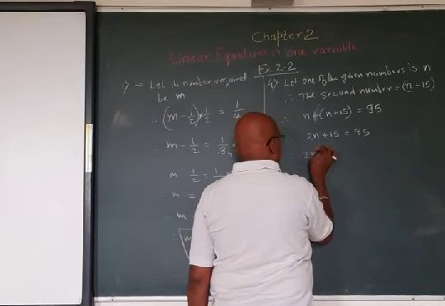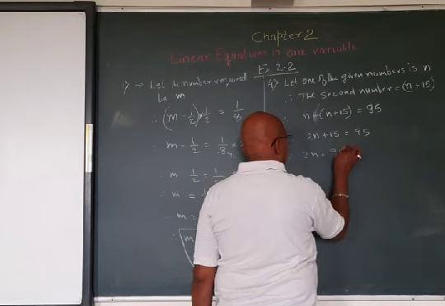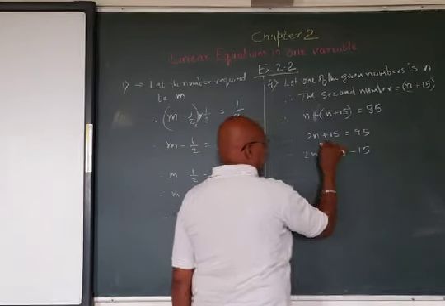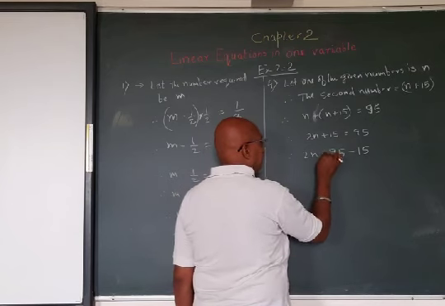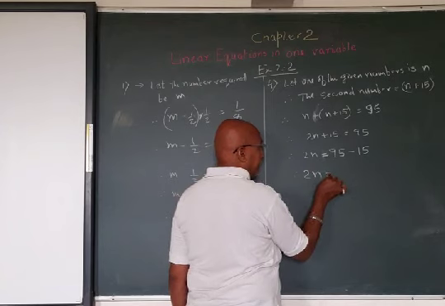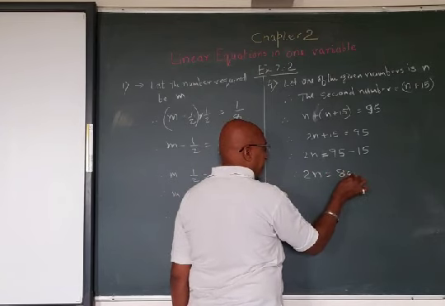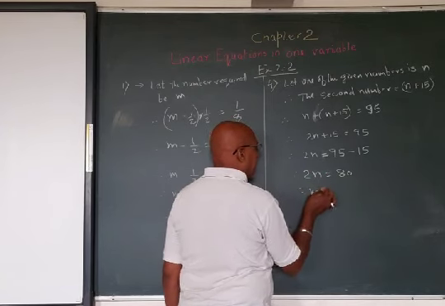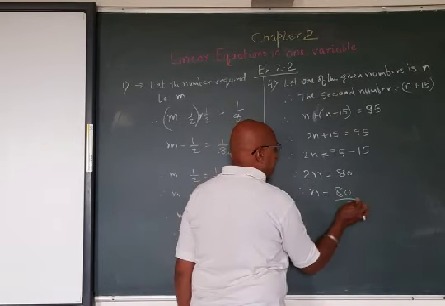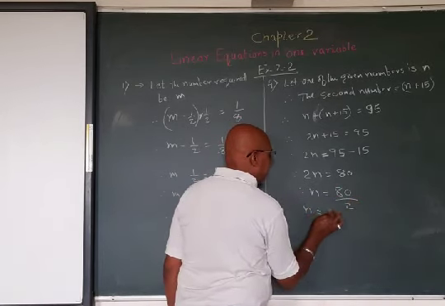Therefore 2n equal to 95 minus 15, as it was in addition here, so it will go in subtraction. Therefore 2n equal to 80. Therefore n equal to 80 upon 2. So n equal to 40.